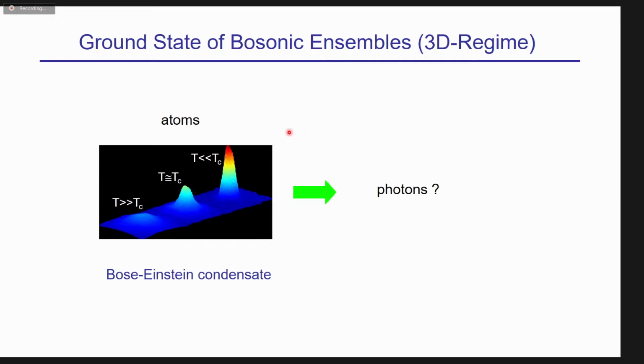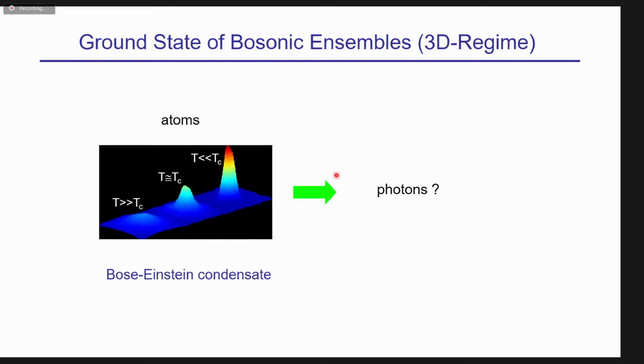The ground state, or more precisely, the minimum energy of cold atoms in 3 dimensions, is a Bose-Einstein condensate if they are bosonic atoms. What you see here is a series of time-of-flight images when cooling atoms through the BEC phase transition temperature in the nanokelvin regime. You see the macroscopic representation of the ground state.